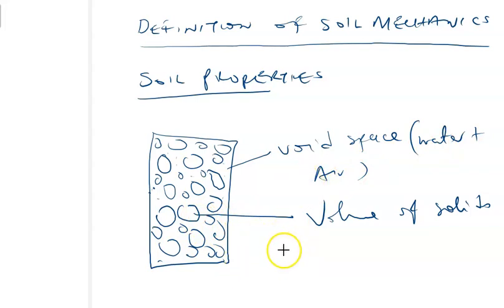So we can draw a three-phase relationship to illustrate what we are talking about, using a straight line to do that. Let's see if we can do that.